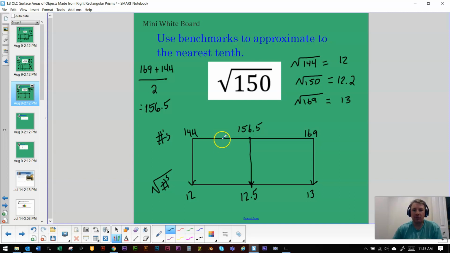So 152 is kind of right here. So where's 150 going to be? It's going to be right about here. Okay. So I'm going to say to myself, using the line system and as much logic as I can muster, I think that when it comes to 144 and 156, 150 is going to be right about there.